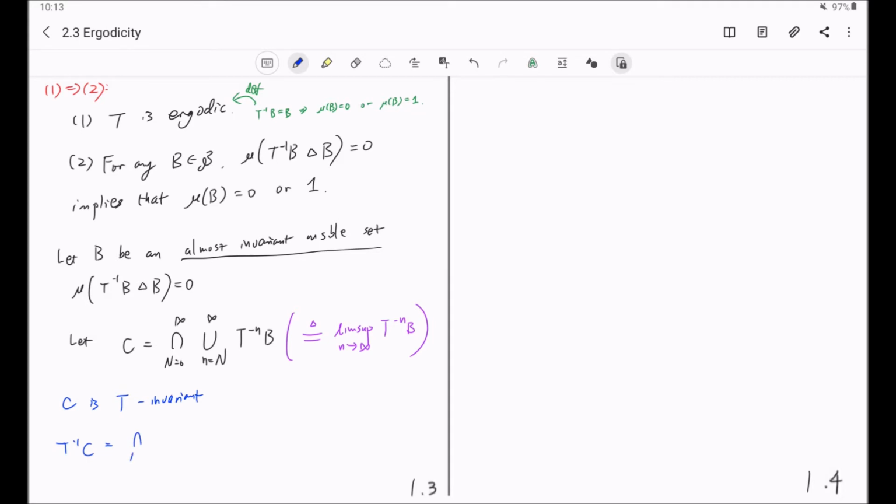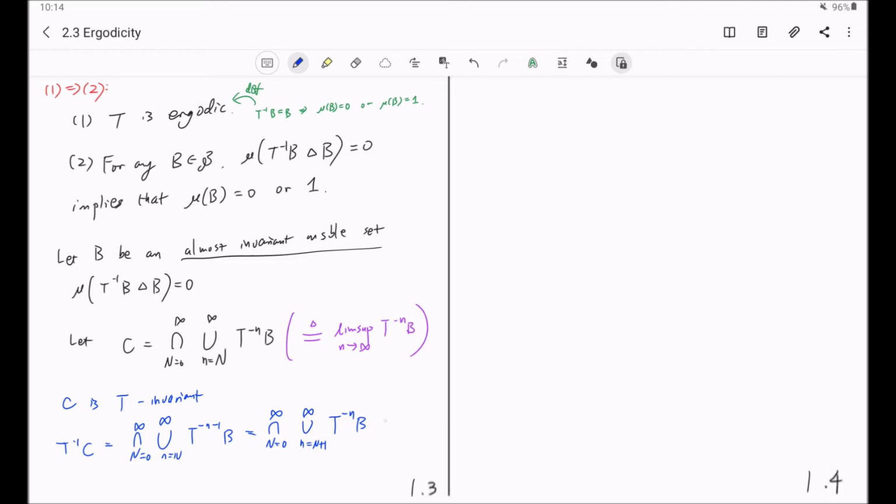So this is equal to the intersection of the union of T raised to the power negative n minus 1 applied to B. And this, by shifting the index by 1 for this union, you will get that this is equal to the intersection of unions where n starts from N plus 1 to infinity of T raised to the power negative n of B.